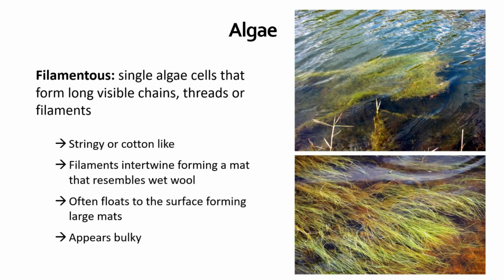in contrast to the harmful algal blooms that I was talking about earlier, that will not look like this at all. The harmful algal blooms are single-celled, and you won't see threads or woolliness.